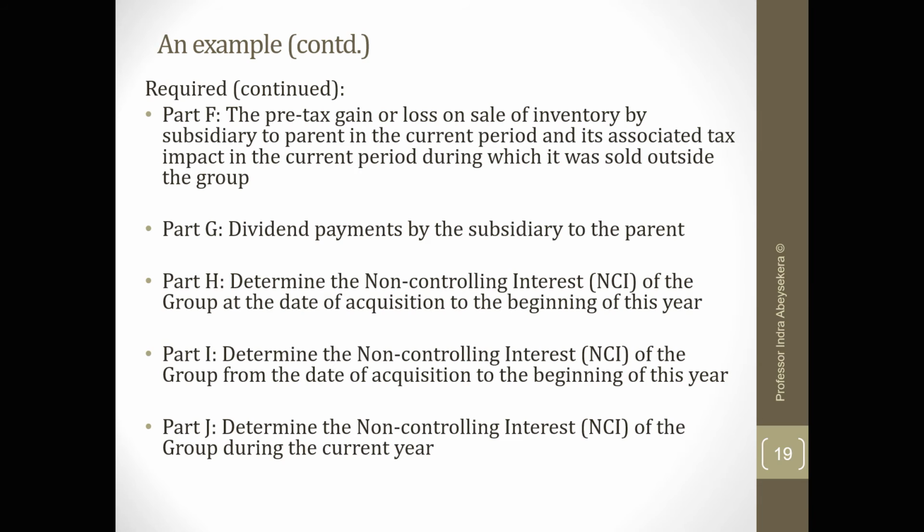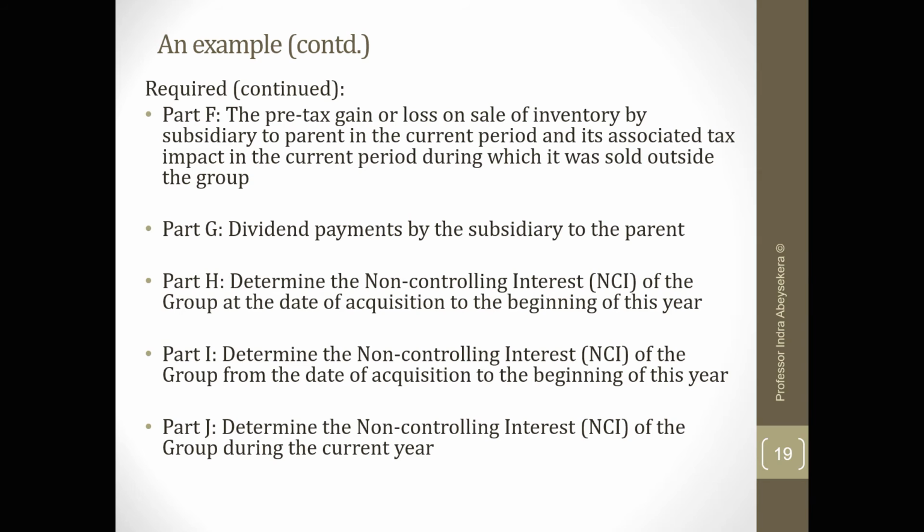Part F is pre-tax gain or loss on sale of inventory and its associated tax. Part G is dividend payments by the subsidiary to the parent. And H, I, J: Part H is calculating non-controlling interest at the beginning of the year, at the date of acquisition.